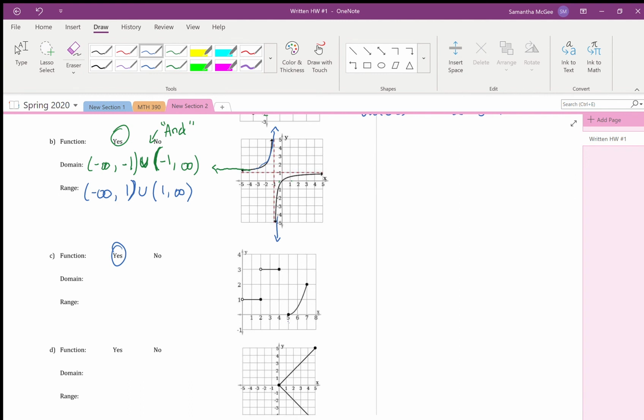From here, talking about the domain and range, we'll just kind of start with the takeaway. It's useful to remember that if you have an open dot, like we just talked about, right? We have an open dot here, and right there. This corresponds to using a parenthesis.